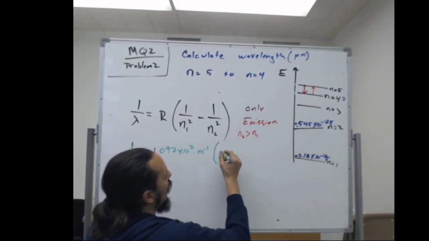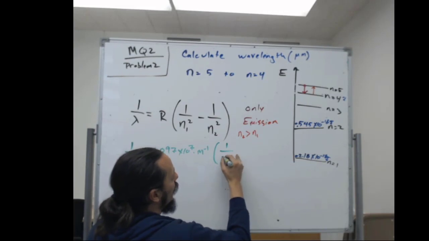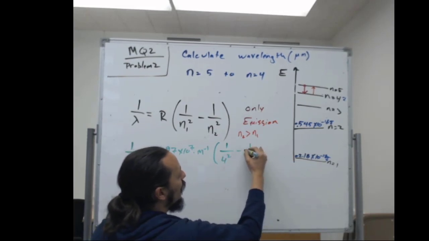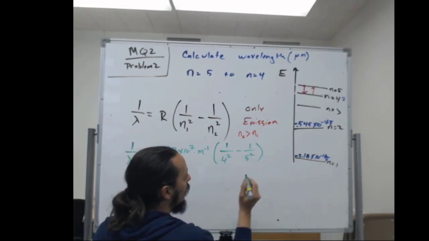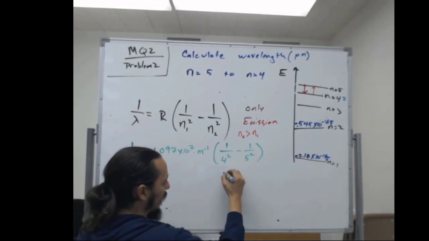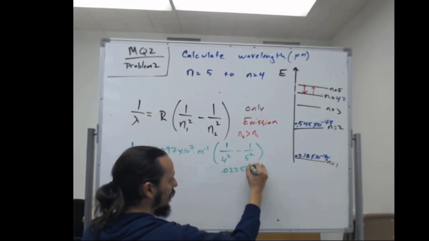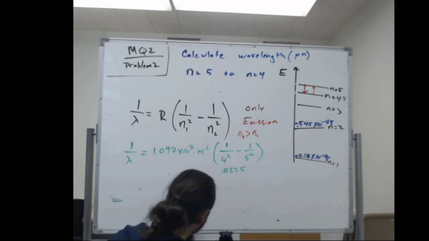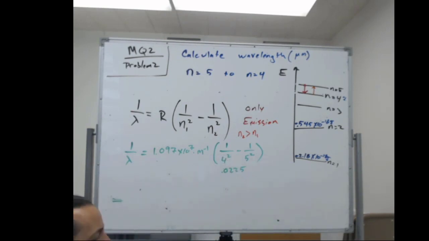Then we're going to have our 1 over 4 squared minus 1 over 5 squared. This part's actually the same. That's going to be 0.0225 again. So actually, for emission problems, this equation is easier.